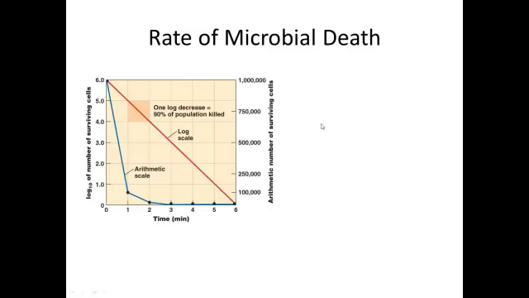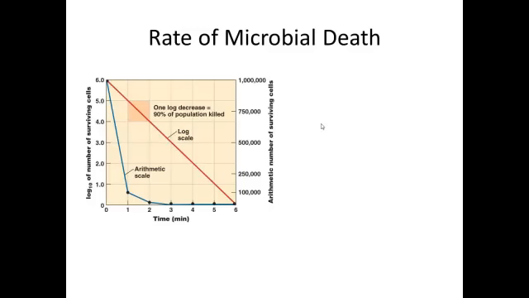Now, definition time. Federal standards are for sterilization, you're going to be killing all the microbes. So we're generally not talking about log decreases. We're generally talking about log decreases when we're talking about a disinfectant.